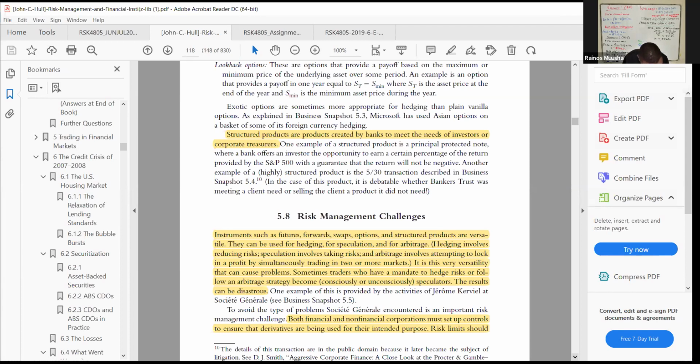So remember we said, all in all, hedging involves reducing risks and speculation involves taking risks. So if you look at it comprehensively, a trader is hedging when exposed to the price of an asset and takes a position in a derivative to offset the exposure. With speculation, the trader is betting on future movement.